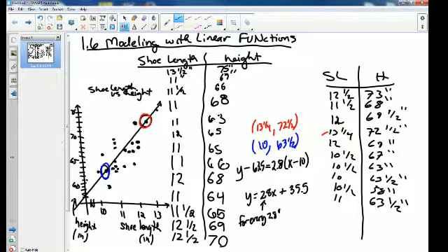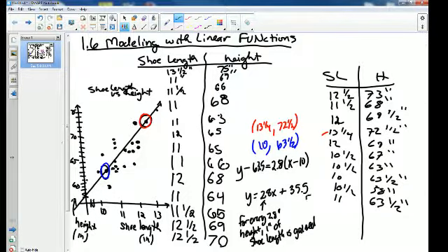No. The other way. Okay, there you go. So for every 2 inches of height, 1 inch of shoe length is gained, right? You could also say 2.8 inches per inch, or there are lots of ways you could say that, but be able to interpret that.